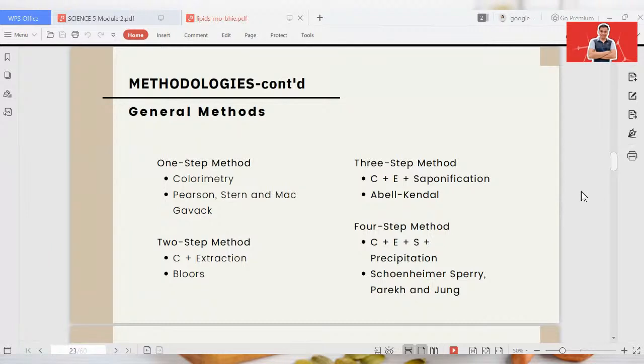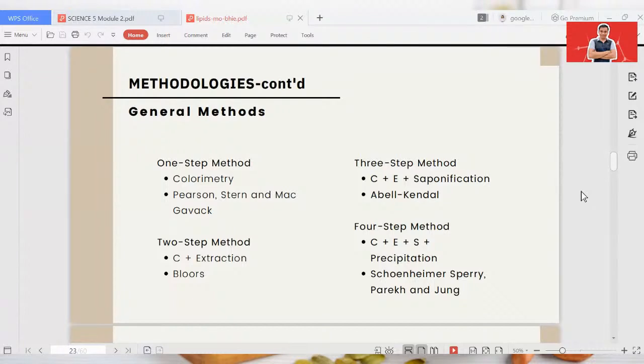Following extraction of the lipid, the extracting solvent is evaporated and the color reaction applied to the lipid residue. So the test that uses this two-step method is the Bloor's test.